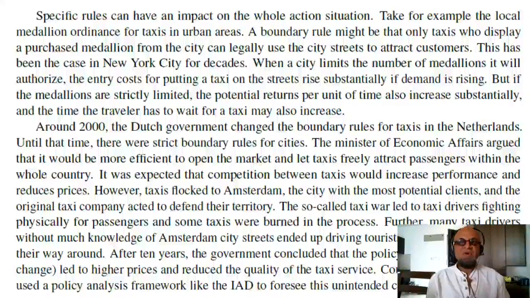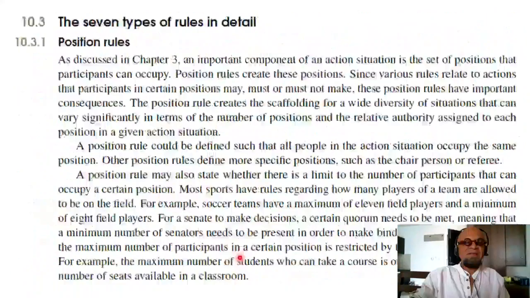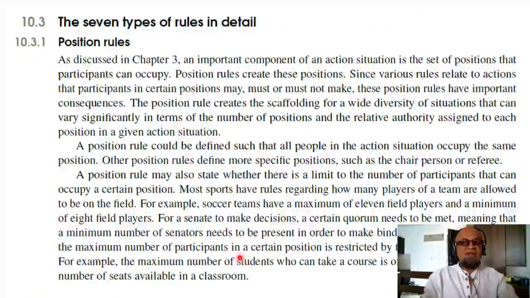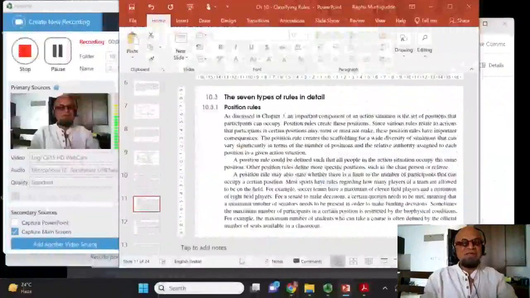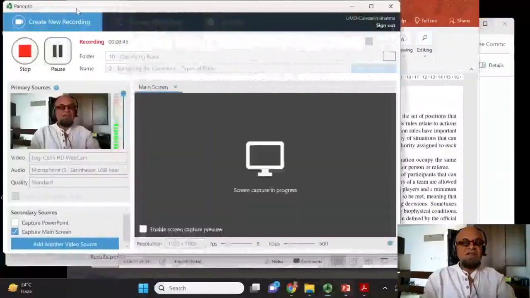So when you make a policy change, boundary rule change, or participant rule change and so on, can you do the analysis first before implementing them blindly? That's the very goal of things like IAD, which we looked at before, right? So let me leave this short podcast here, and then we will come back and look at the 7 types of rules in detail. This one is fairly short, only 9 minutes, but that's okay.